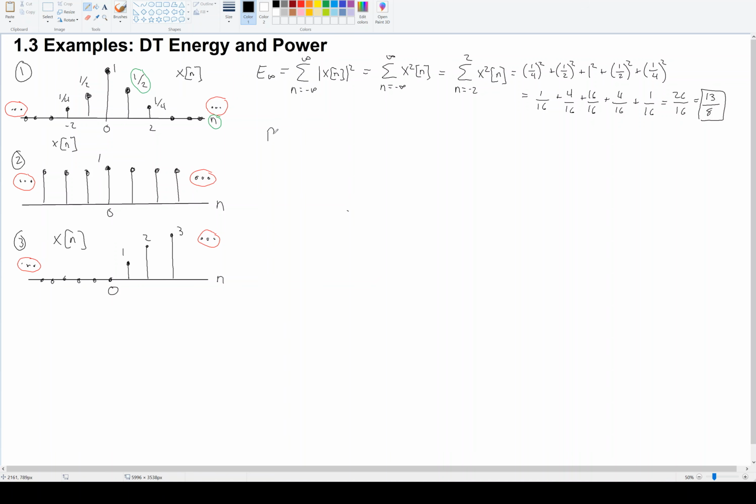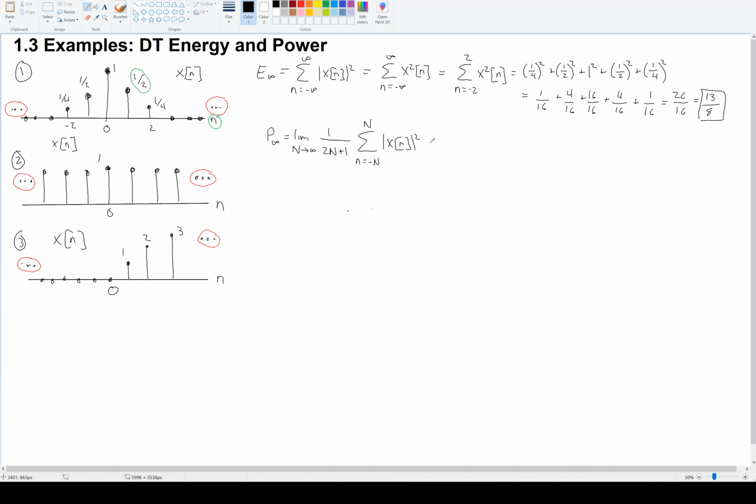So let's talk about its power now. The power was the limit as this capital N goes to infinity, of 1 over 2 times that capital N plus 1, times the sum as n goes from minus N to plus N of the absolute value of x[n] squared.